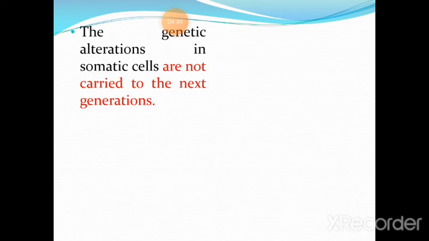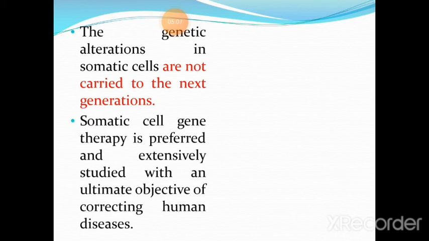The genetic alterations in somatic cells, please note, are not carried to the next generations. Whereas if gene therapy is done at germinal cell lines, it is heritable. It is carried on to the next generations, which is not so in case of somatic cell gene therapy. Then this is preferred and extensively studied with an ultimate objective of correcting human diseases.